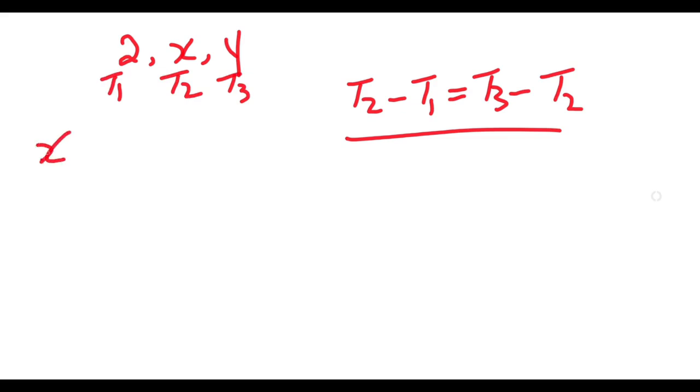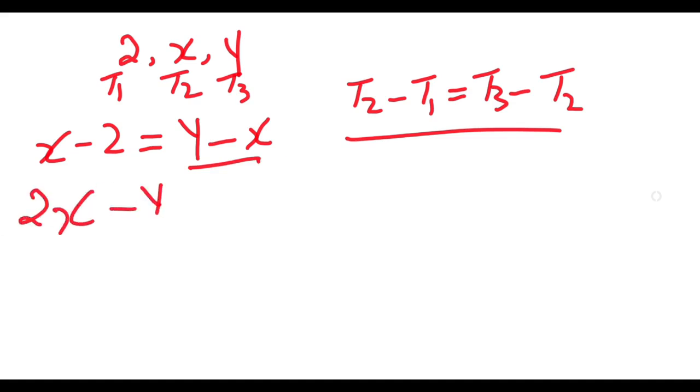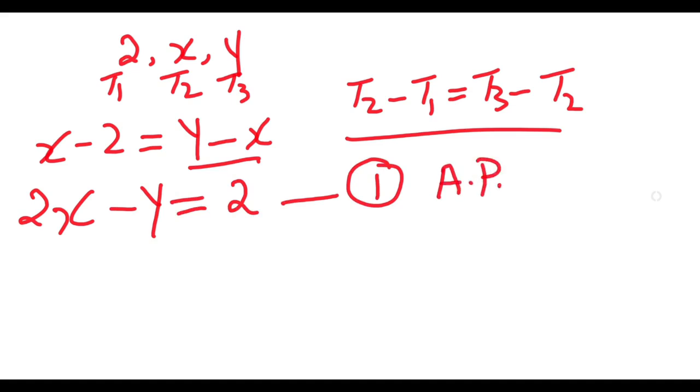So x minus 2 is equal to y minus x. So all the variable must be on one side and all the constants must be on another side. So I decide this one whole, I pull this side, become 2x minus y, and this become positive 2. So this is my equation number 1. This is AP, arithmetic progression.